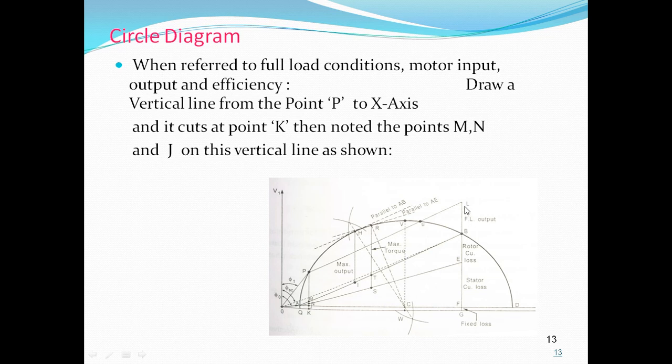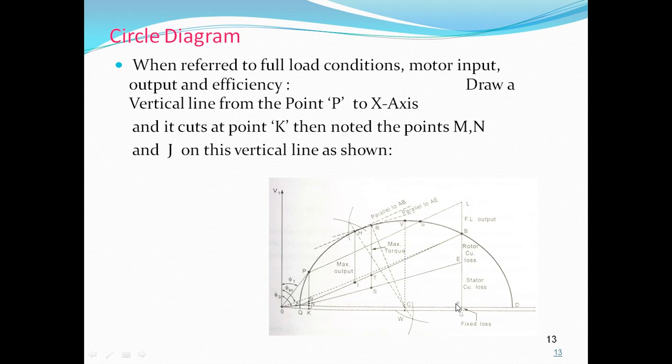We have extended BL and drawn it parallel to the output line AB, and this cuts the circle at point P. From this point P, you draw a vertical line PK, which cuts the x-axis at K, and while passing, it cuts the output line at M, the torque line at N, and the horizontal line at J.